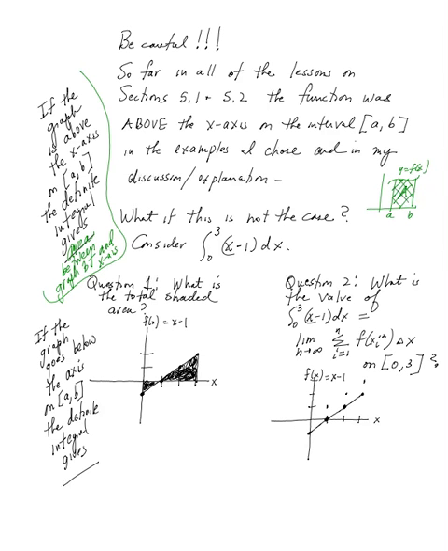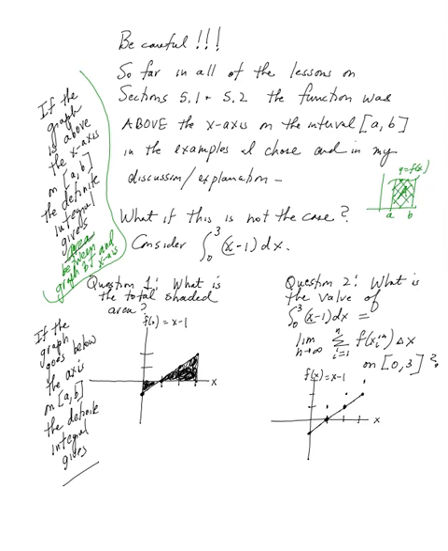Alright, but now, what if this is not the case? What if the graph dips below the x-axis on that interval a to b, or is entirely below the x-axis? Well, let's consider the definite integral from 0 to 3 of x minus 1 dx as an example.